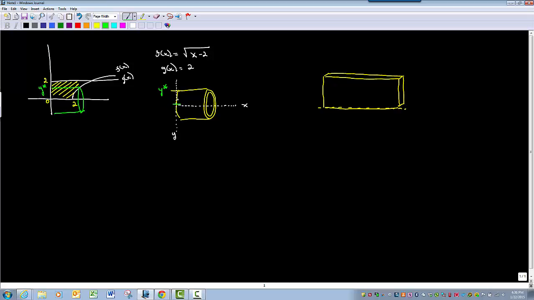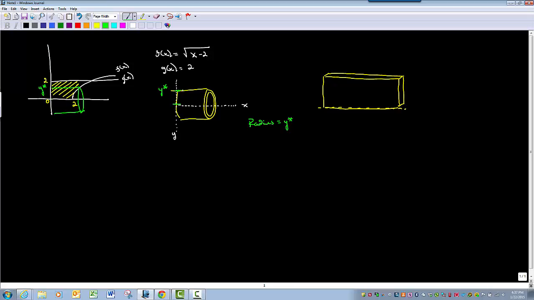So that literally is this length. It's the radius. So the radius of this cylinder is some random y value. I don't know what it is. Okay. Now this is arbitrary because it's going to change, because as the y value goes from 0 to 2, this y star will change from 0 to 2. Okay, so that's where this comes from.